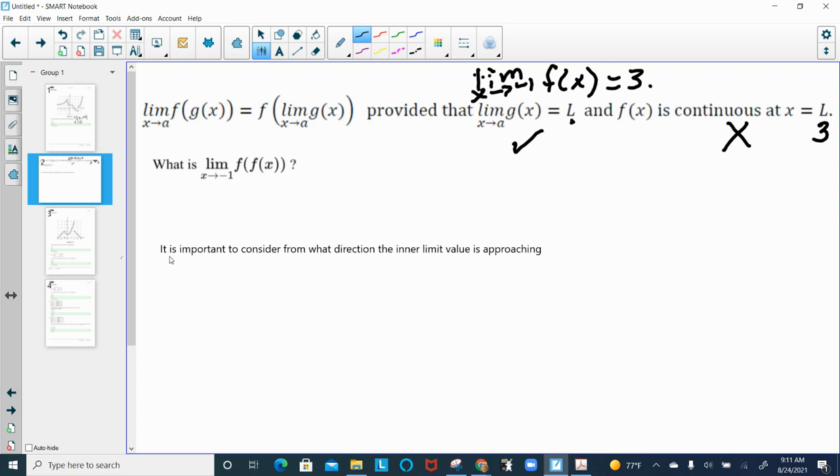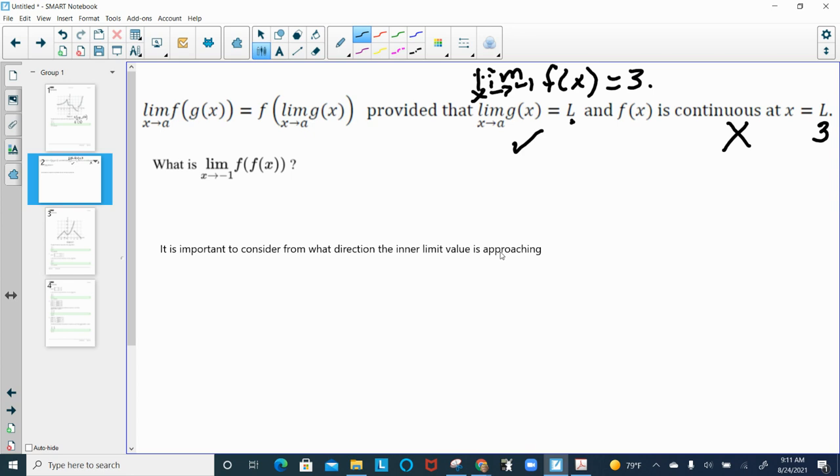So I put this little phrase down here. It is important to consider, in that case, what direction, this is what I was talking about with those lower values, what direction the inner limit value is approaching. Okay, so when it's approaching 3, is it approaching 3 and getting smaller and smaller and smaller and approaching 3? Or is it coming from lower values and approaching 3 from underneath?